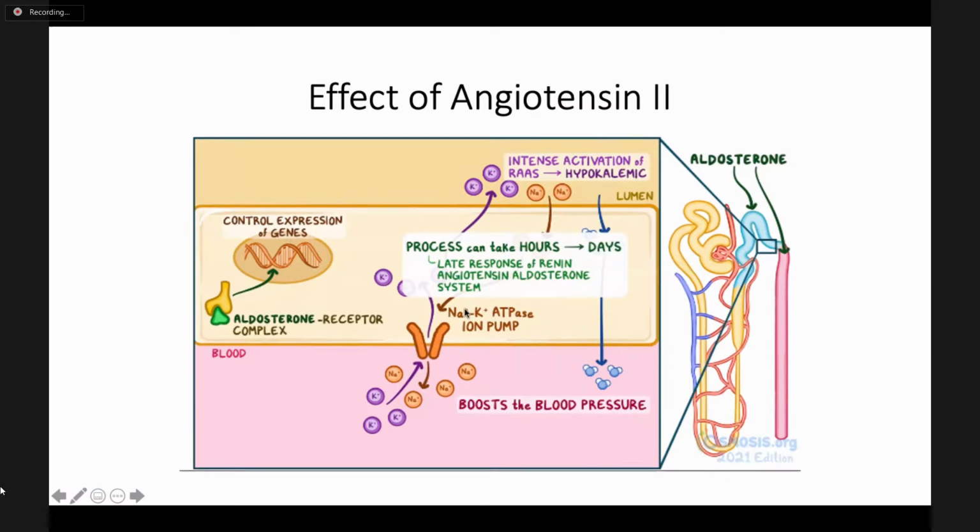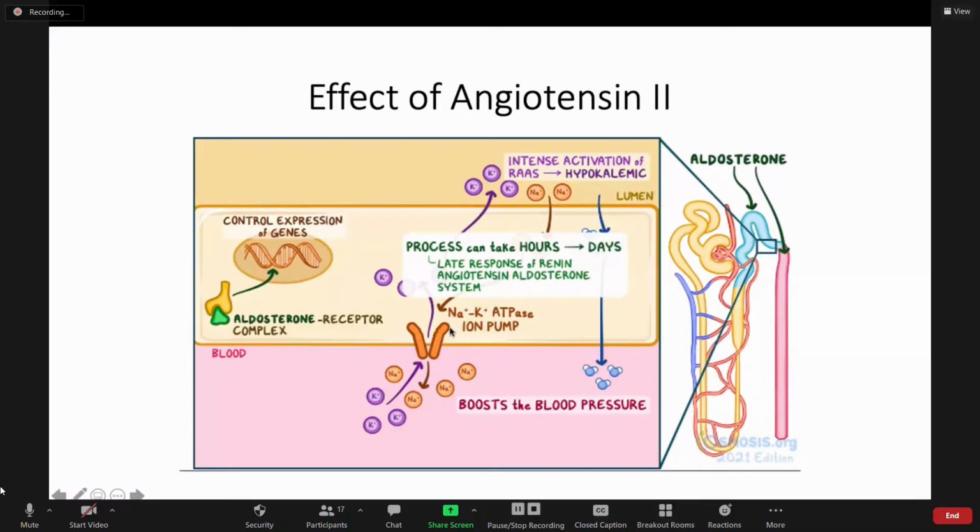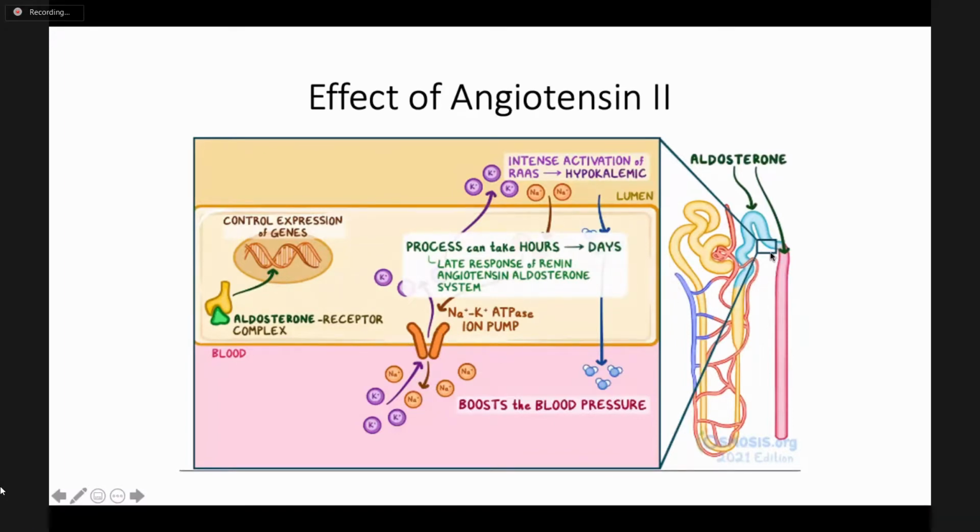Gene expression will cause the insertion of sodium potassium ATPase pump at the basolateral membrane in the late DCT and also the CD over here. So as a result, there will be increased reabsorption of sodium in exchange for potassium, as a response to increased aldosterone release.